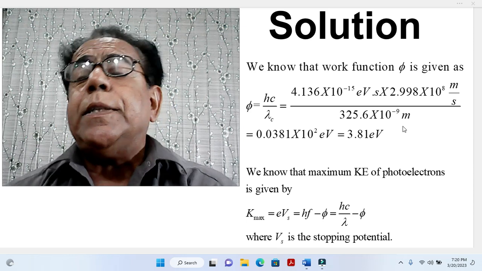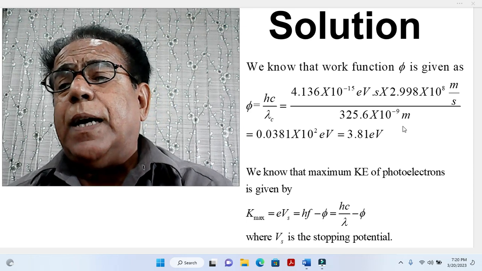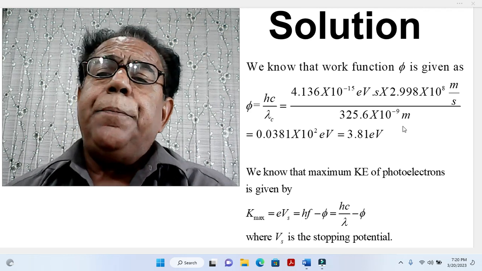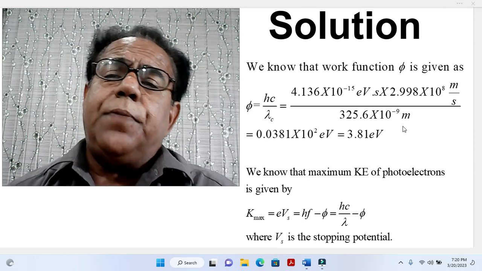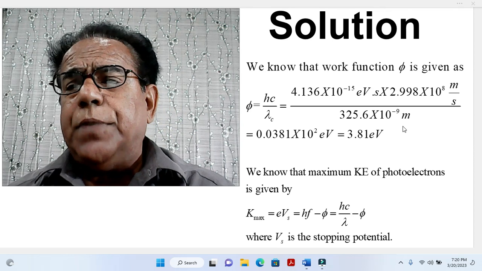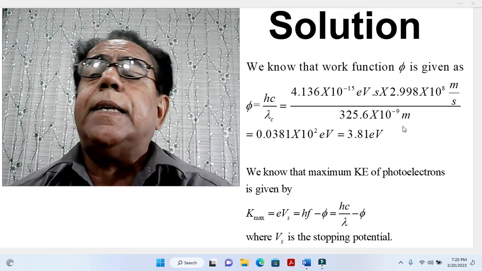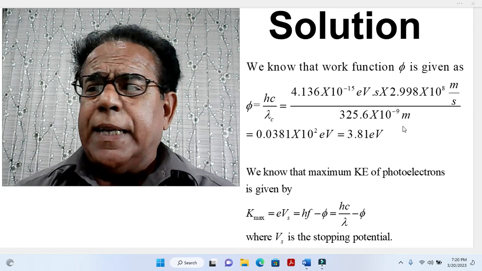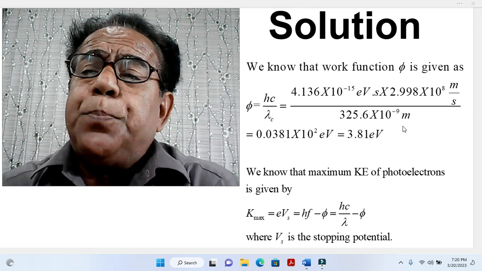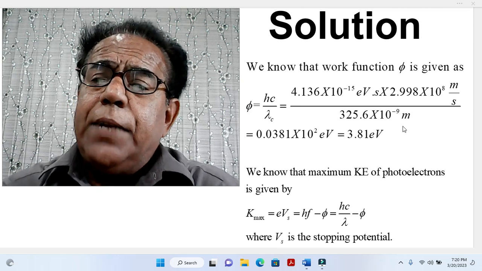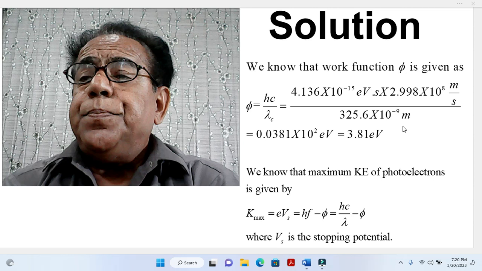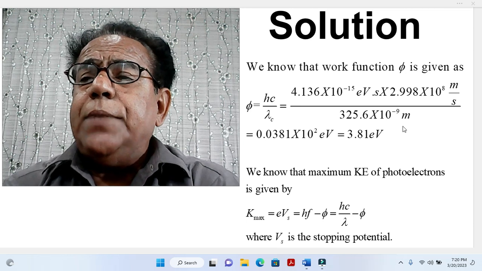The only difference was that the cutoff wavelength was in place of work function phi, and work function phi was in place of cutoff wavelength lambda c, where c is written as a subscript of lambda. So this is just an arrangement. Here in this problem we have once again used all the three values.